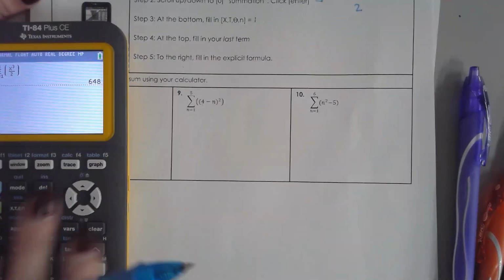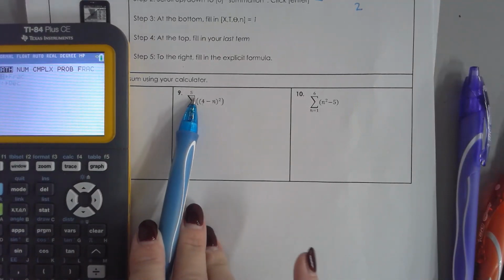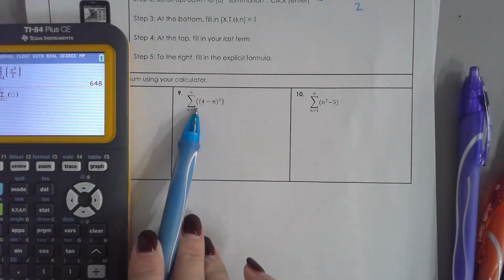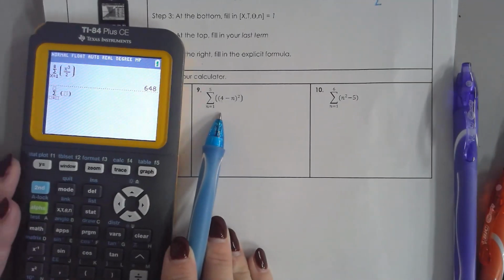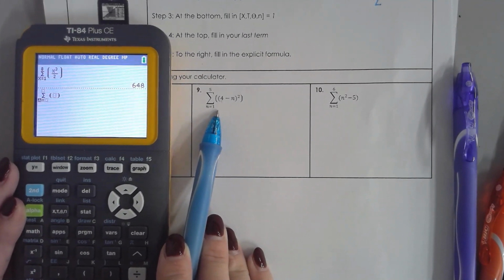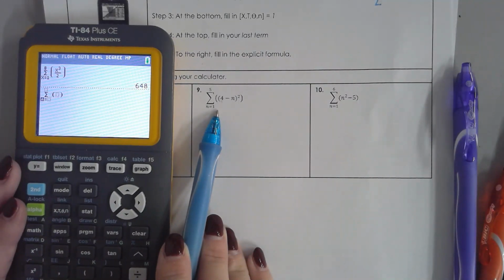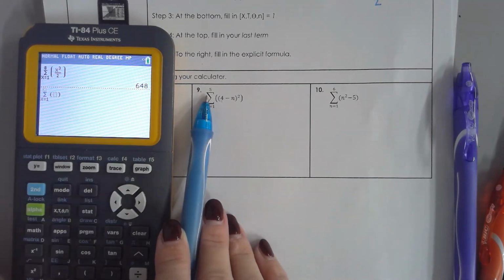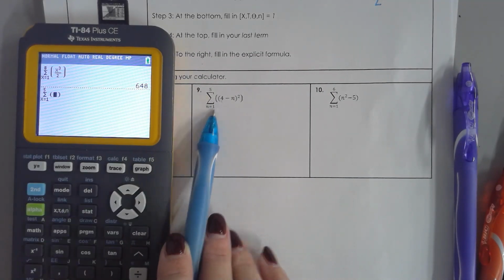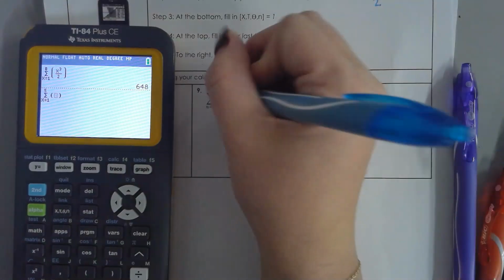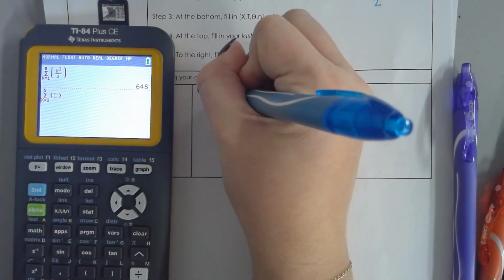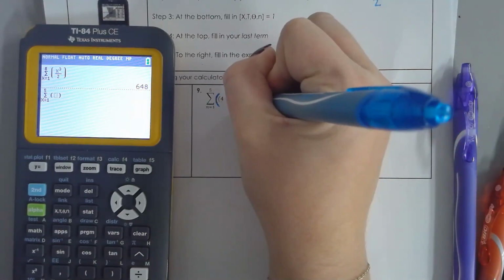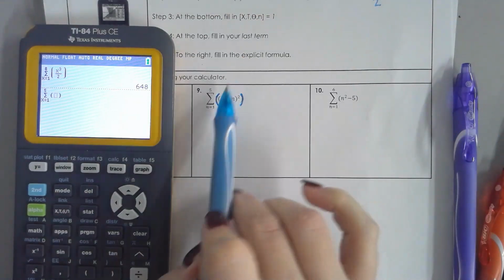So let's do number 9. Get your sigma. If you see sigma, that just means sum. Sum means add. X equals 1 up to 5. Now notice how in here there's these parentheses on the outside.